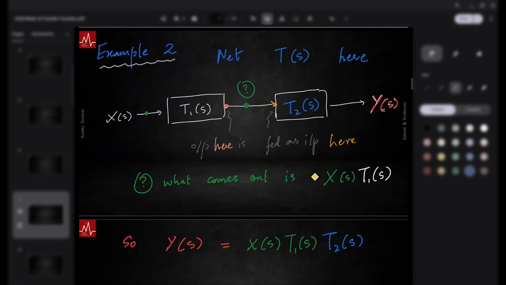What is the net T of s, the ratio of output to input, for the entire system? You could think of these two as two parts of the system. If you consider that as a black box, input goes in, output comes out. What is the ratio of input to output here?